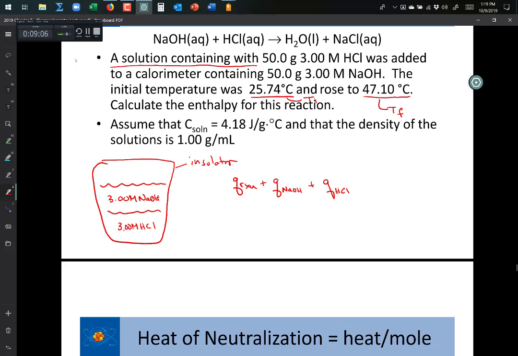And that's going to be equal to 0. So this one, because I didn't have just two things, I have 3 different things. I have 2 different solutions and a solid. So for everything that you stick in there, you need a Q value for it, okay?